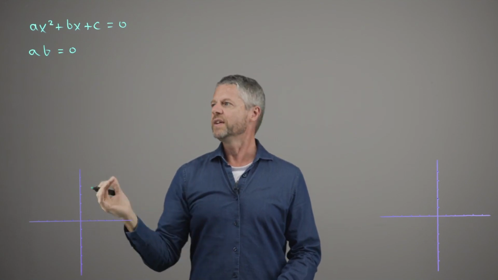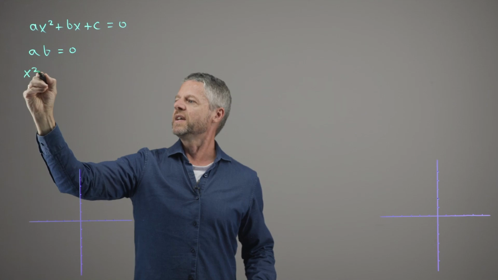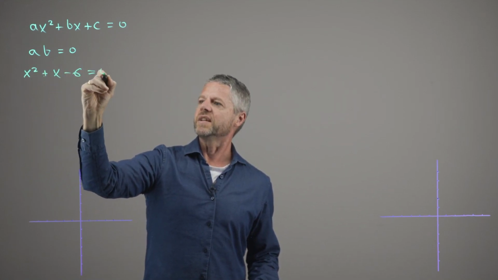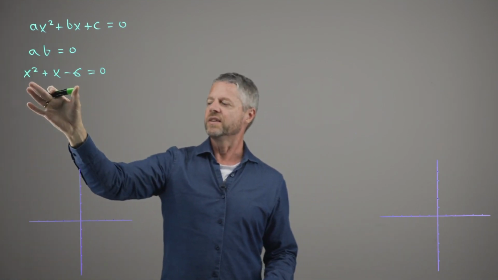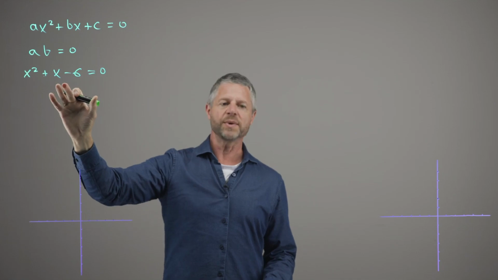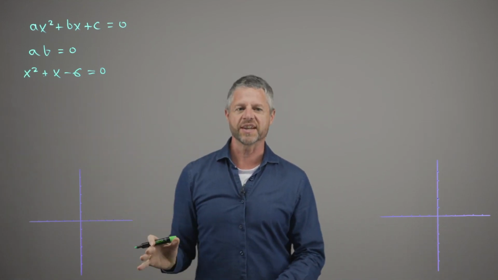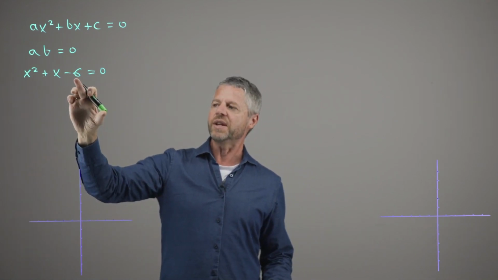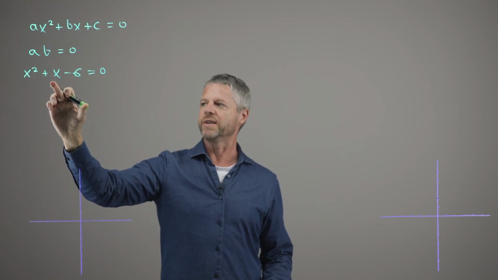As an example, let's work with x squared plus x minus 6 equals 0. We can look at this and see if we can factor it. That should be our instinct. Anytime we see a quadratic equation, we should think about factoring it if we can. So we need two numbers that multiply to give us minus 6 and add to give us plus 1.